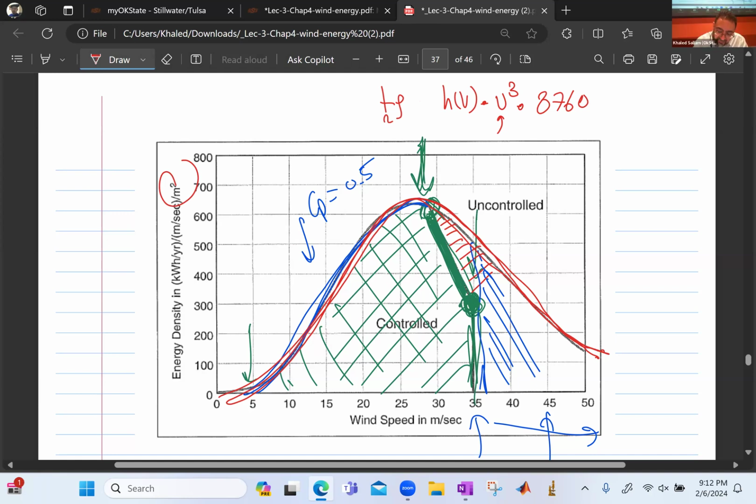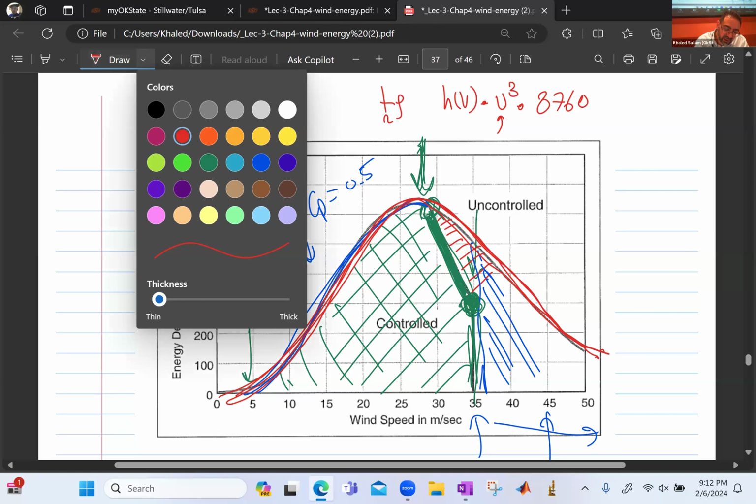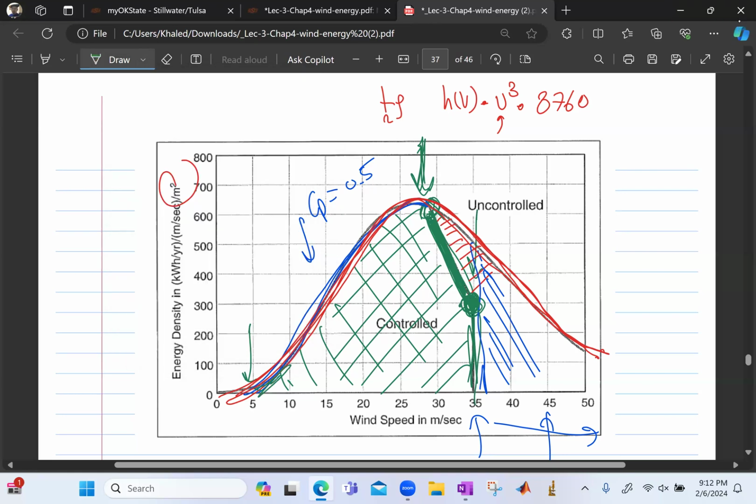So the red curve came from multiplying the distribution with V cubed, and the green curve came by multiplying with the CP.